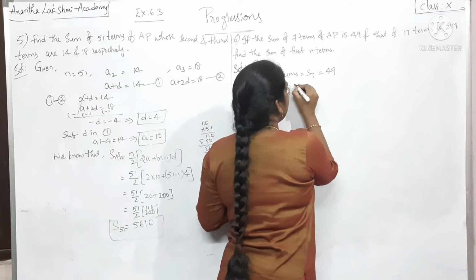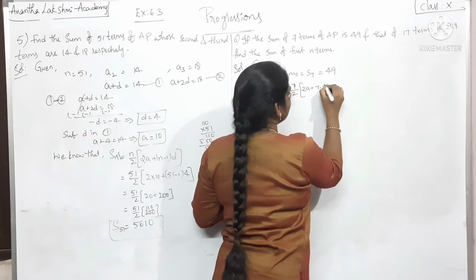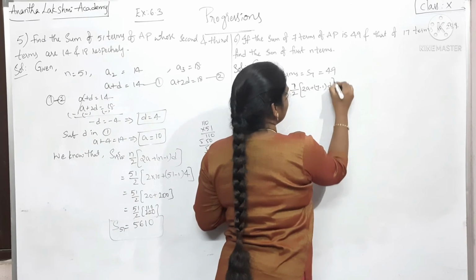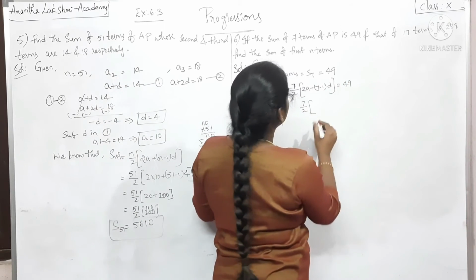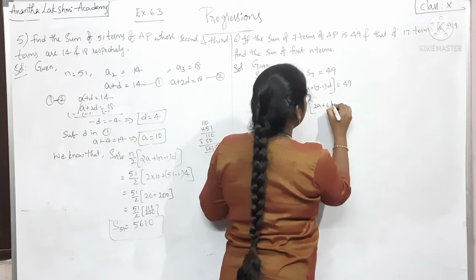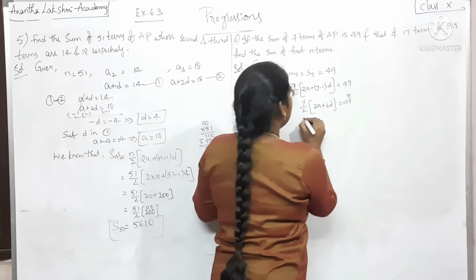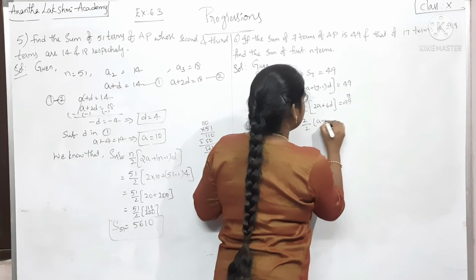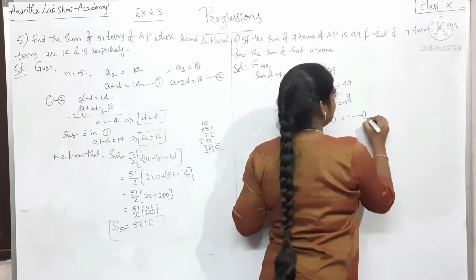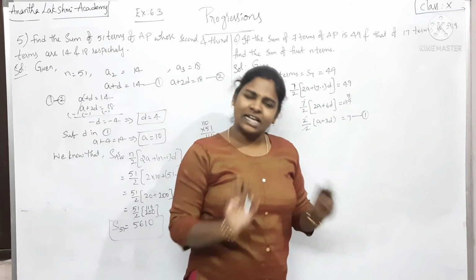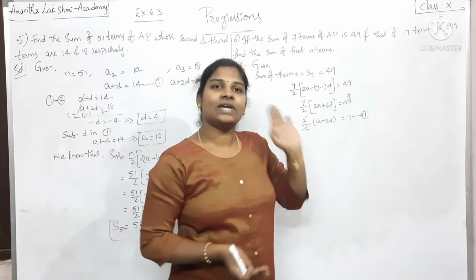That is nothing but n by 2, which is 7 by 2 into 2a plus 7 minus 1 into d is equal to 49. 7 by 2 into 2a plus 6d is equal to 49. 7 sevens are 49. And if I take 2 common, a plus 3d is equal to 7. The 2 gets cancelled. a plus 3d is equal to 7. This is going to be my first equation. I am just trying to figure out an equation in terms of a and d.